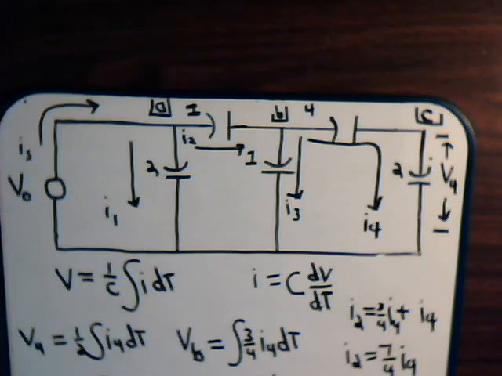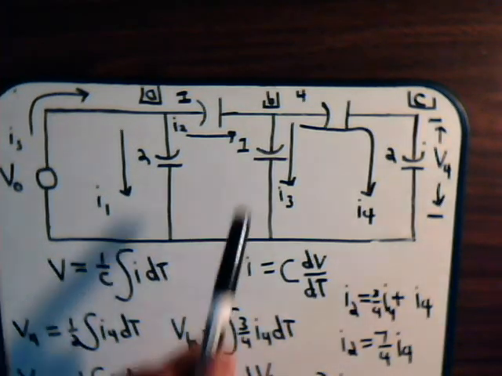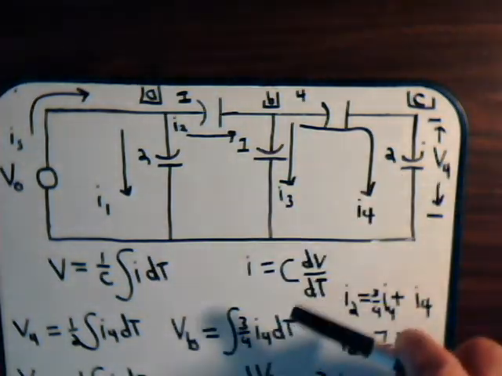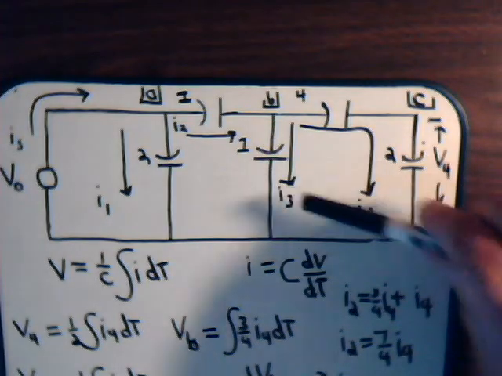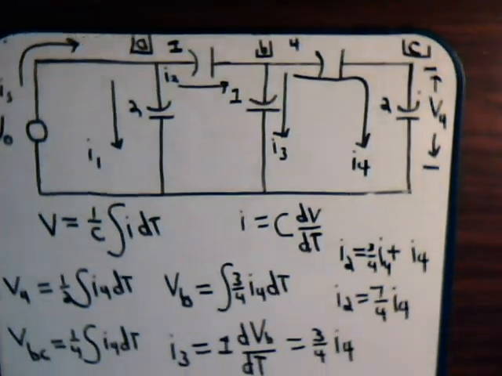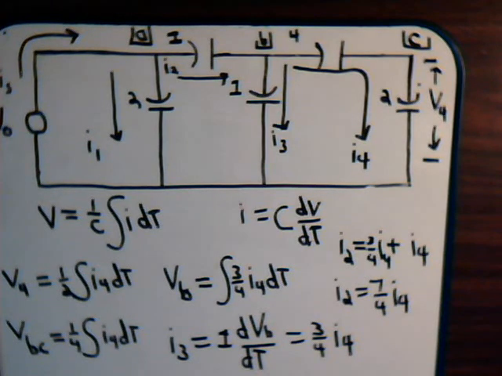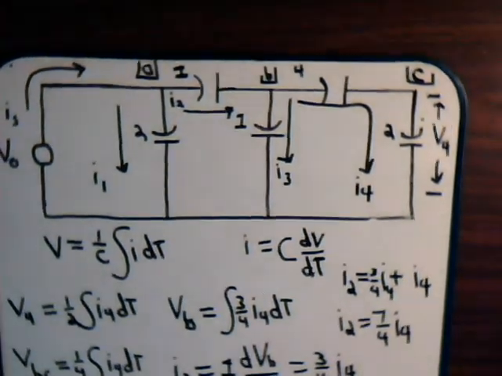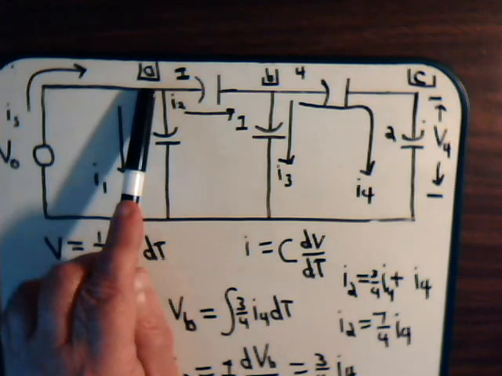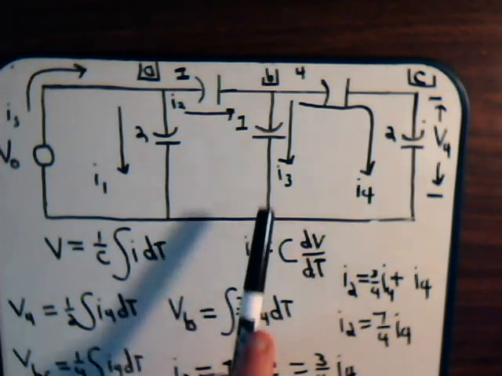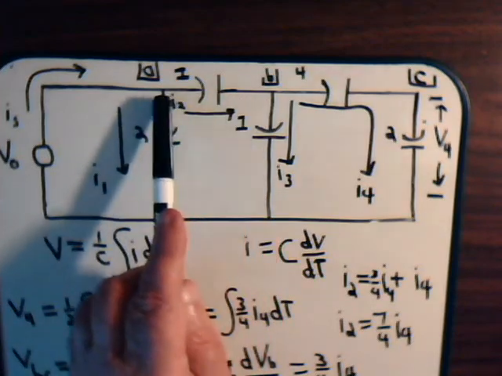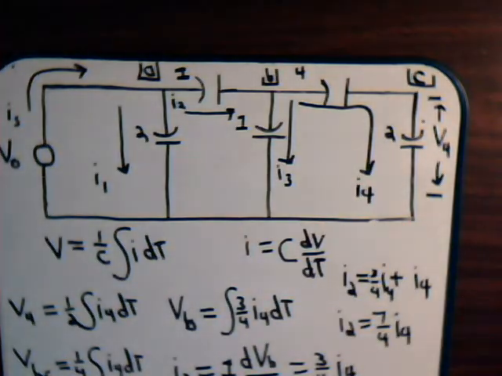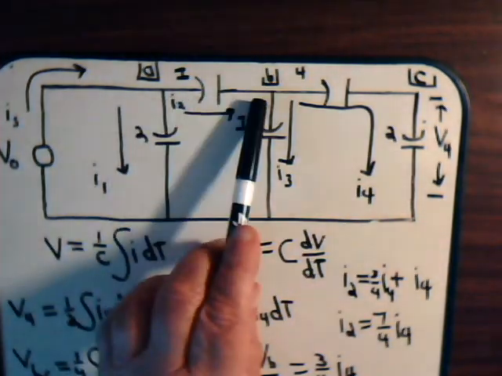What we did was, we determined what the voltage VB was right here, then we used this general equation to get an equation for I3. So now we should be able to use that same strategy to get an equation for I1 if we can figure out what this voltage is, VA. Well, VA is going to equal this voltage plus this voltage. We call this VB, so it's going to equal VB plus VAB.